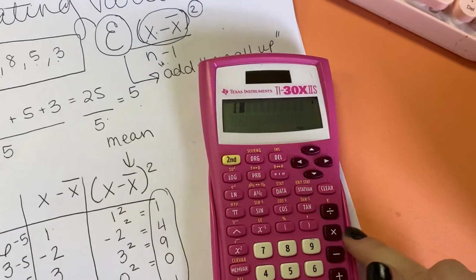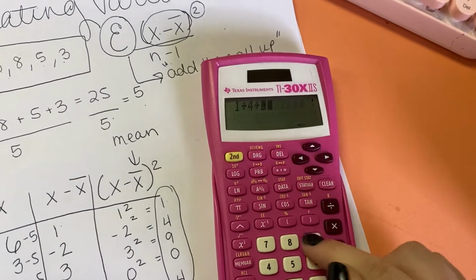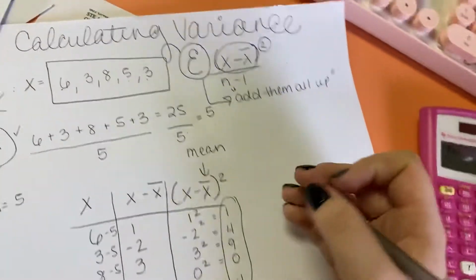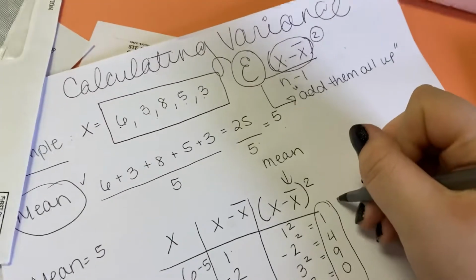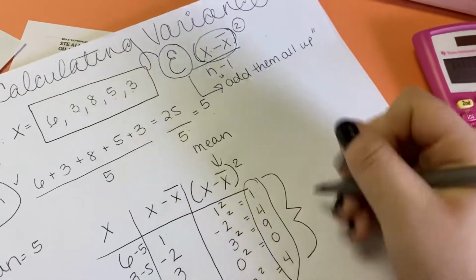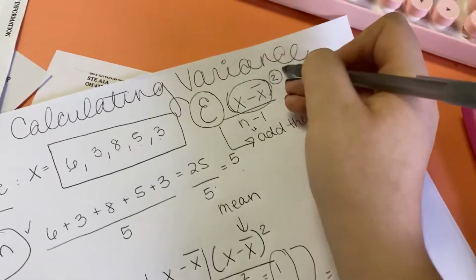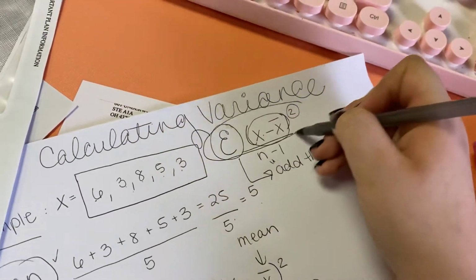Let me do that again. 1 plus 4 plus 9 plus 0 plus 4 equals 18. So I'm just going to go ahead and write 18 here. And that fulfills our entire numerator.